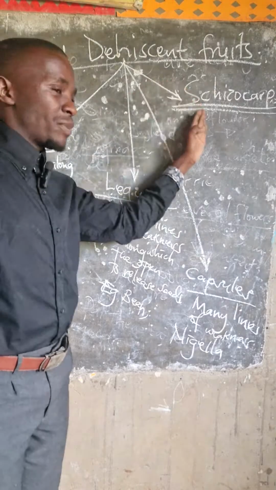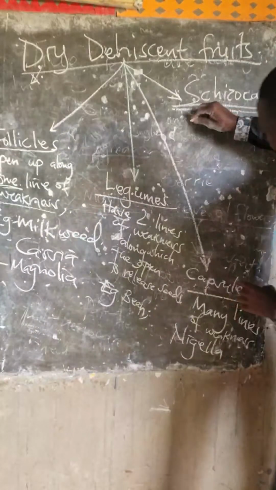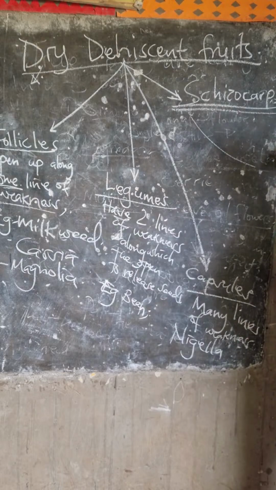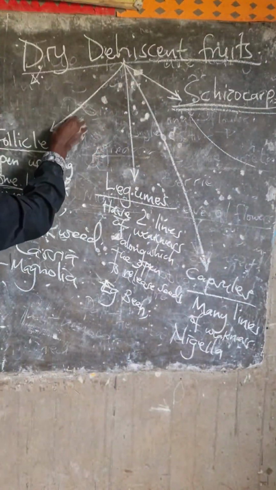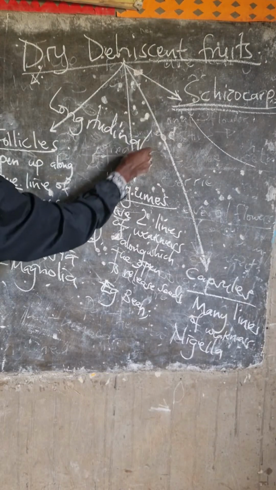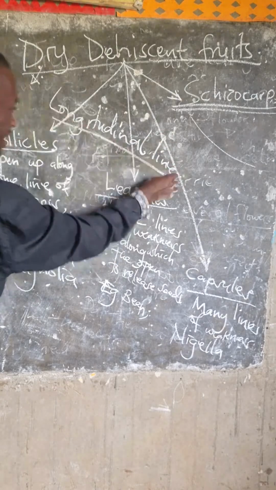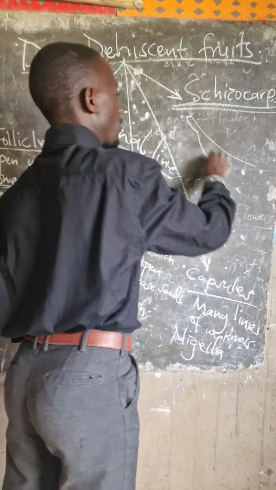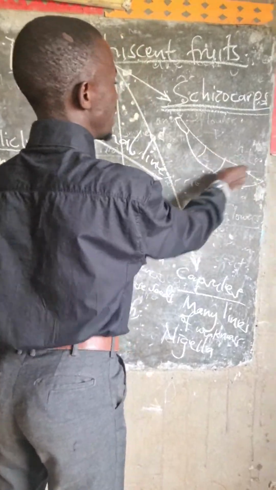But the schizocarps do not open to expose the seeds, and they don't have longitudinal lines of weakness. These ones are called so because they have longitudinal lines. Actually, this word is crucial in their definitions. The schizocarps do not have these longitudinal lines of weakness. They instead have vertical lines of weakness.